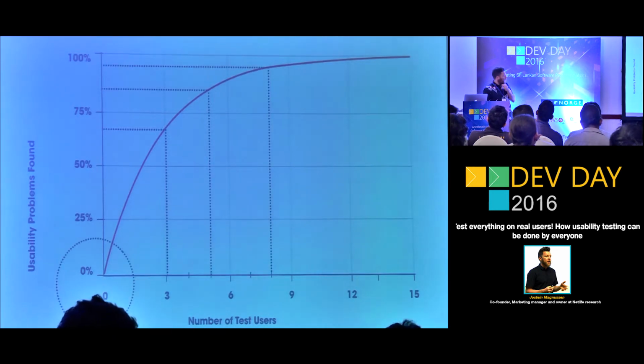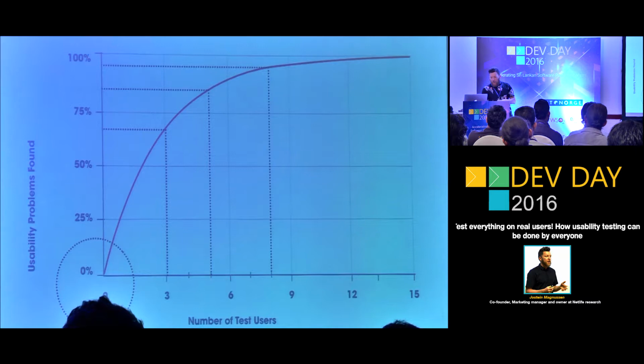So this is also important when people criticize you: you're just going to test on 5 persons, that can't be statistically significant. So this is not a quantitative method, it's a qualitative method.